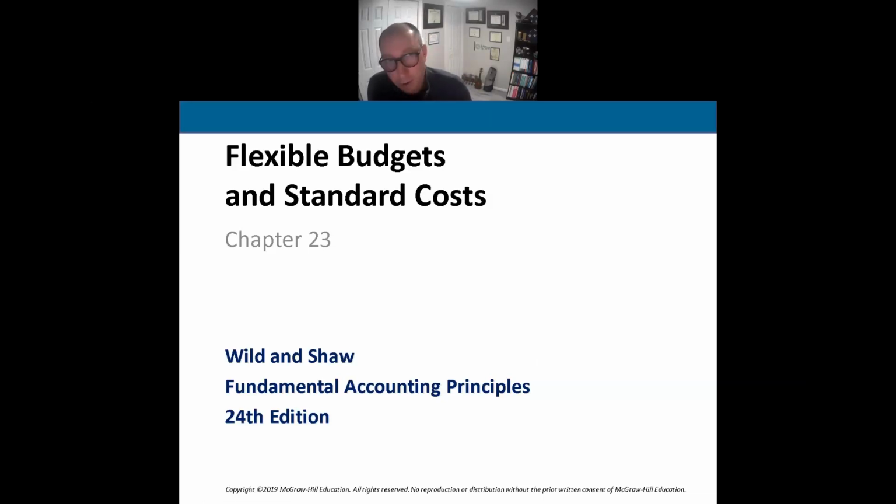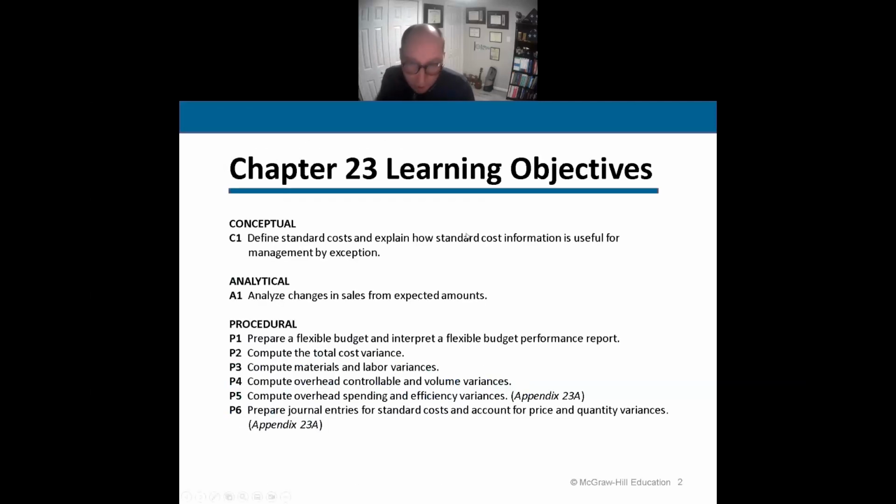Let's talk about this concept called flexible budgets, and then we'll talk about another concept called standard cost. Along the theme with budgeting, it's important to have some flexibility in your budgets. The reason for that is things change in business.